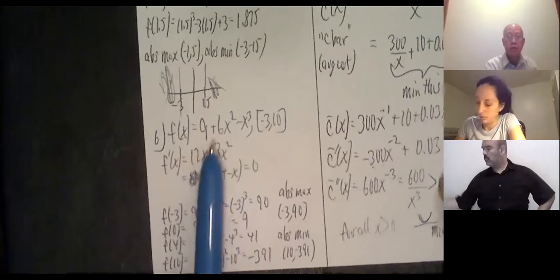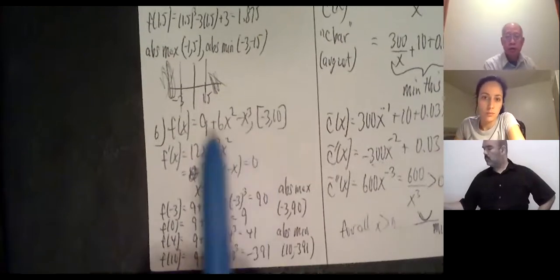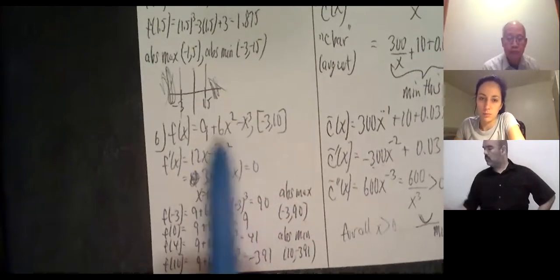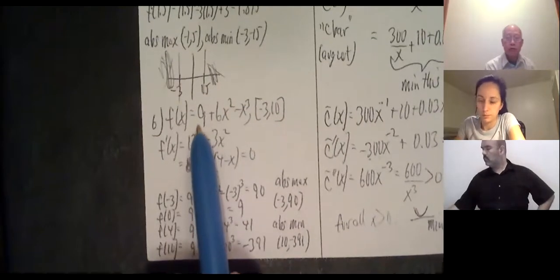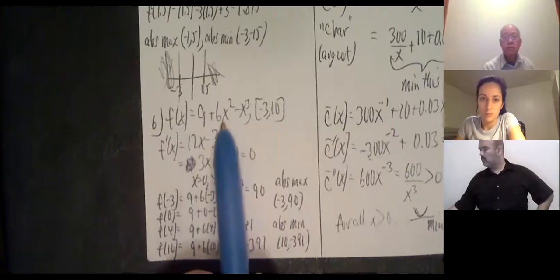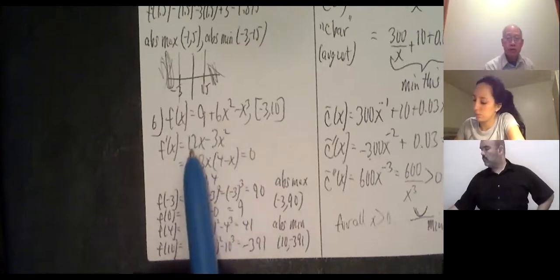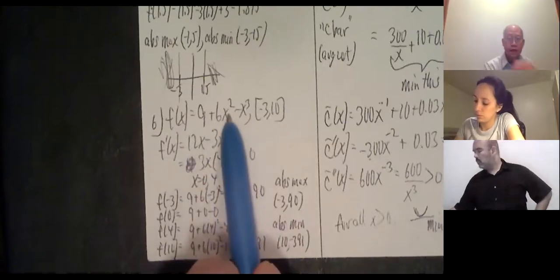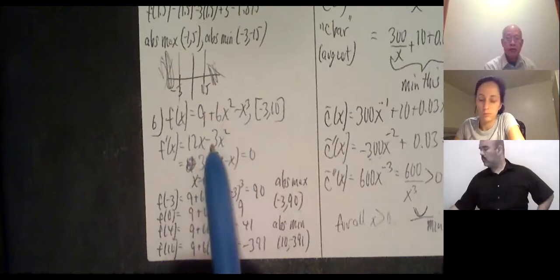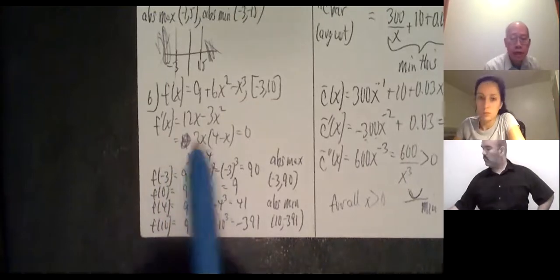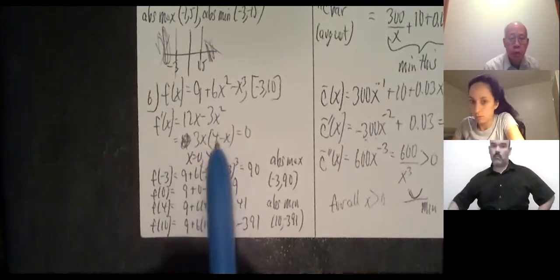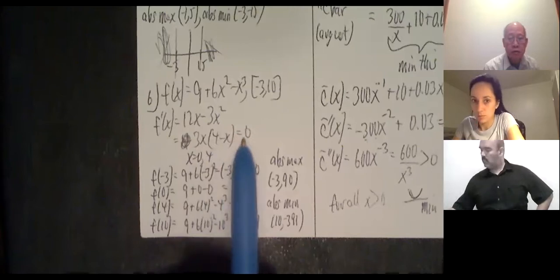Then I plug in the critical values. So I have to find the critical values by taking the derivative. What's the derivative of this? Derivative of 9 is 0. Derivative of 6x squared is 12x. Derivative of negative x cubed is negative 3x squared. Factor: 3x times (4 minus x) equals 0.